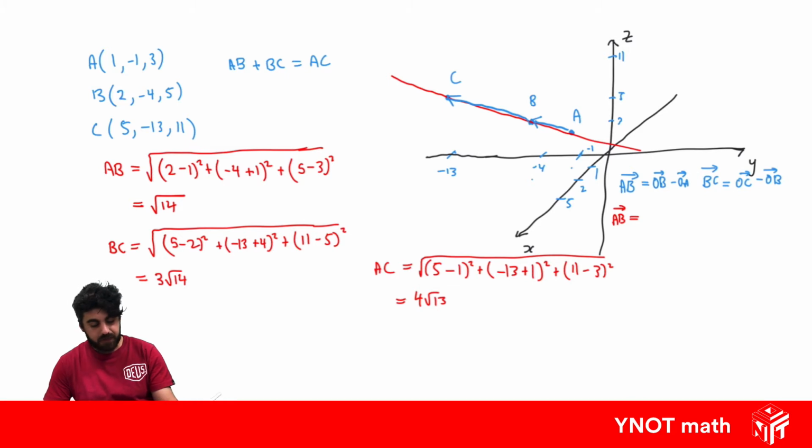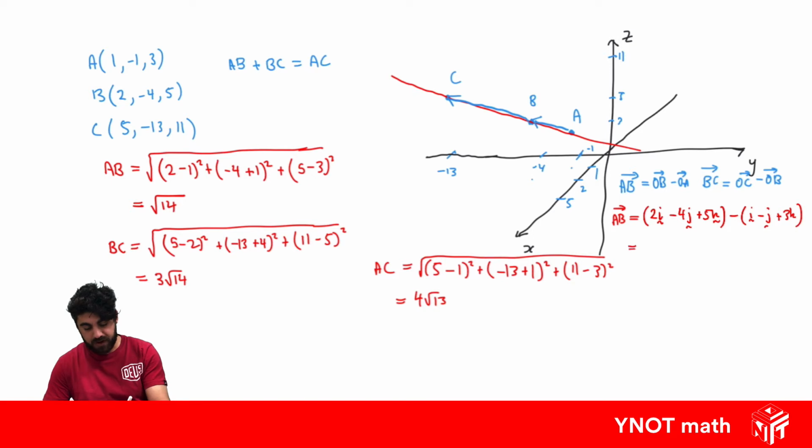So vector O to B, we can just use our coordinates and express it as a vector with its i, j, and k vectors. So the vector O to B is just going to be 2i minus 4j plus 5k, so that's just using the x, y, and z coordinates, minus vector OA, which will be i minus j plus 3k.